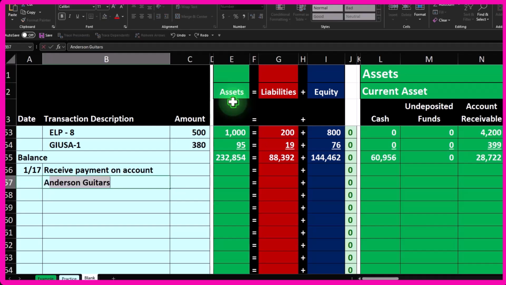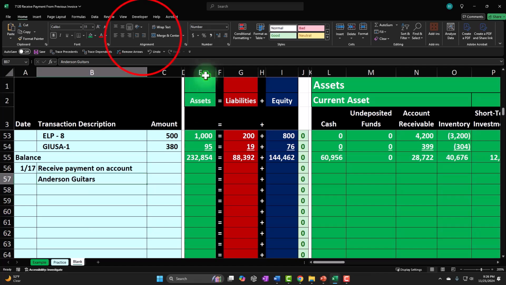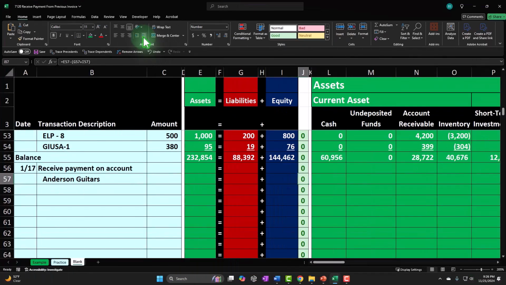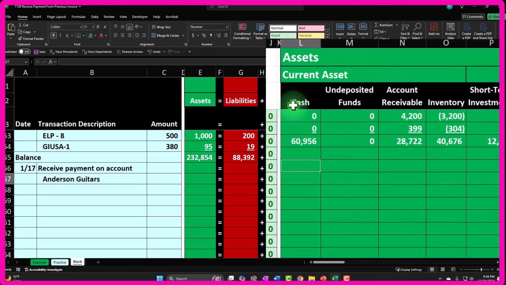So we're going to imagine this came from Anderson Guitars. That's the customer that we received the payment from. So the next thing we have to keep in mind here is we could put that payment directly into the checking account. And in some cases, that would be the easiest thing to do.